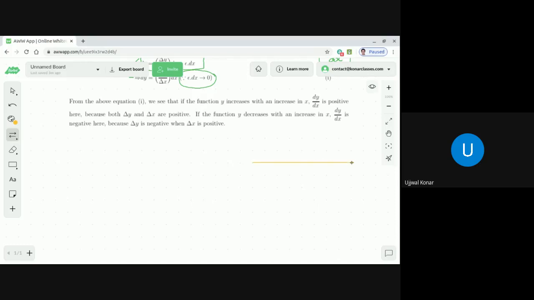Suppose this is the coordinate axis. And suppose I draw another straight line.